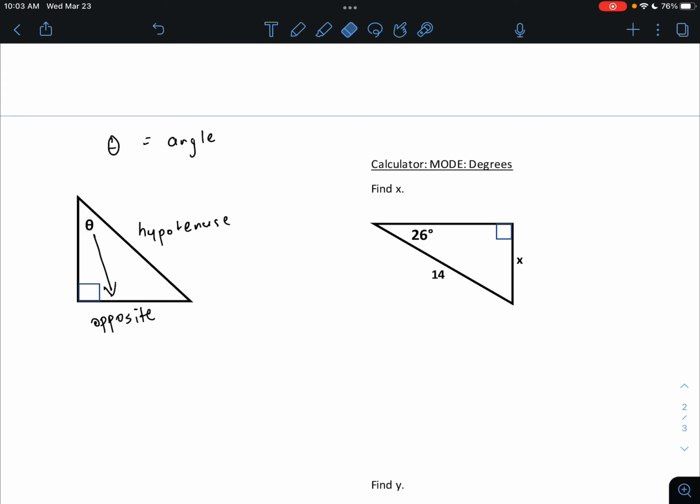One of the things we have to make sure is that our calculator is in degrees. If you do not have your calculator in degrees, you're going to get the wrong answer. To do that, you need to turn it on, if it's not on already, and hit the mode button. It is to the right of the blue second button.